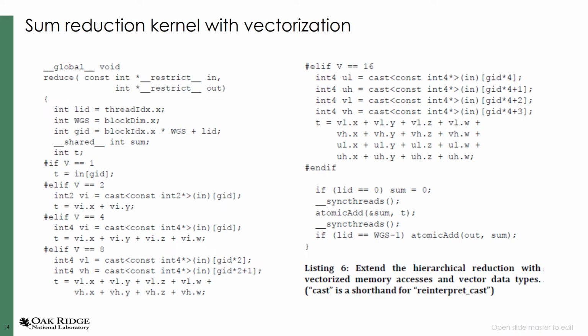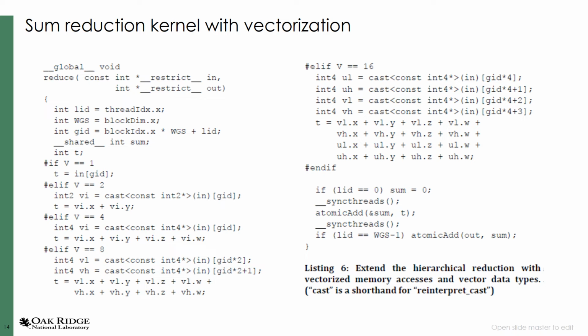In listing 6, we generalize the kernel with vectorized memory accesses and vector data types for increasing the efficiency of global memory access and reducing the number of atomic operations on shared local memory. A short vector type supports a maximum of 4 elements in a vector. To load more elements from an input array in our study, 2 sets of 4-element vector loads or 4 sets of 4-element vector loads are invoked.